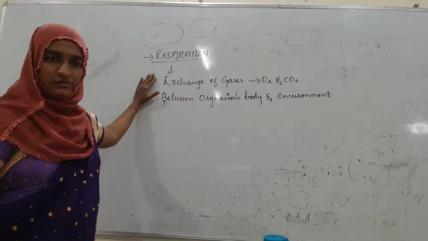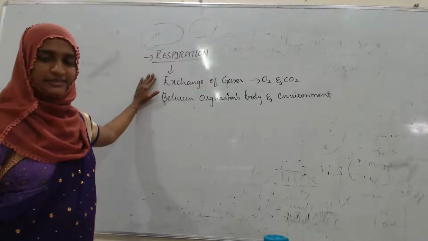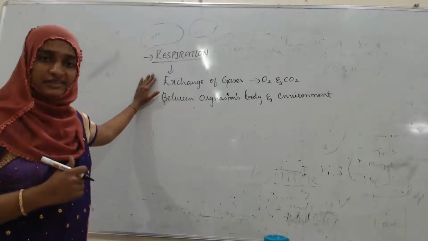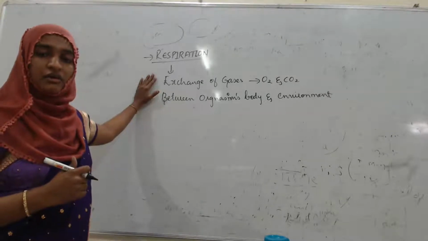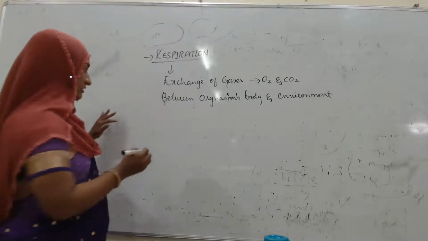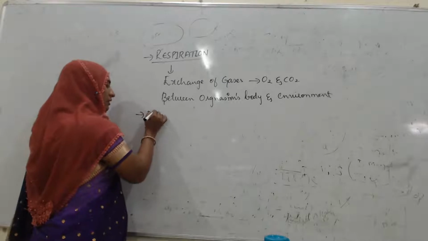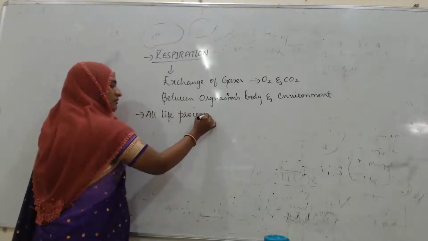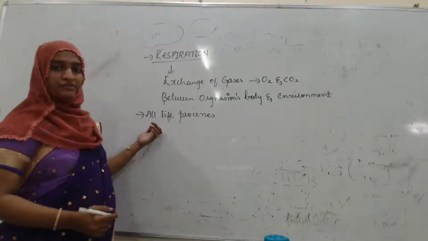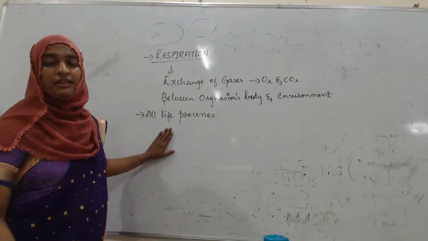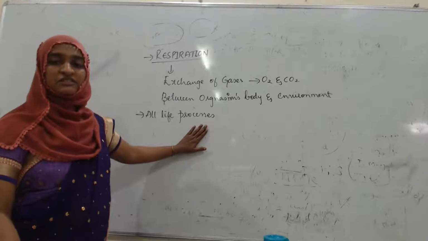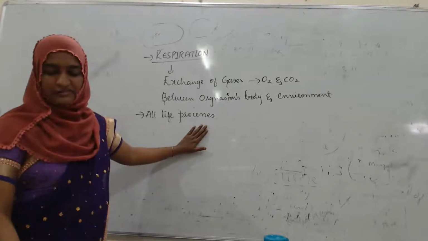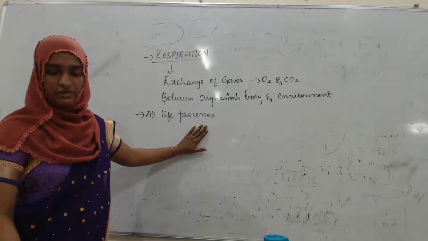See, all life processes, meaning all the functions which are taking place inside the body. Life means the organism is living, processes means the different functions or metabolism that take place.